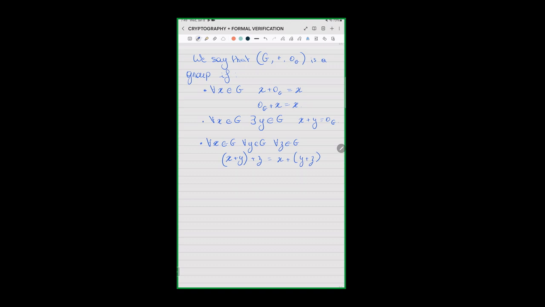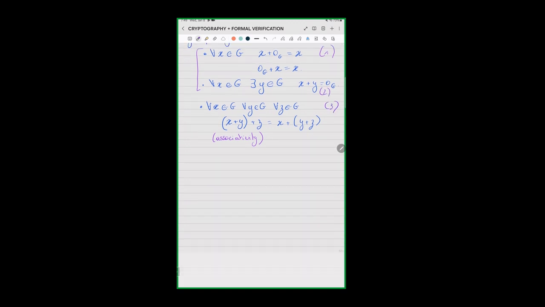So I'm gonna name it, associativity, and rewrite it. Here I'm going to use the notation 1, 2, 3 for the different properties.